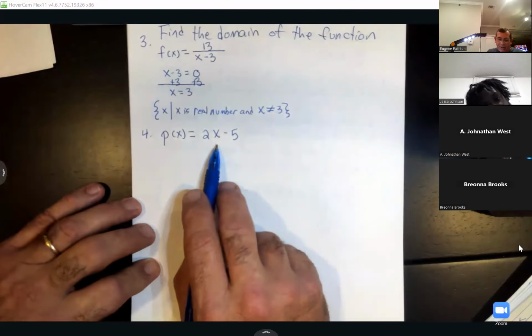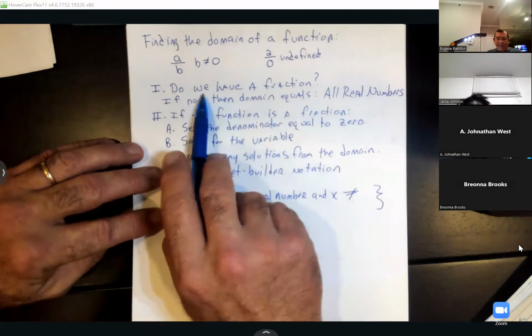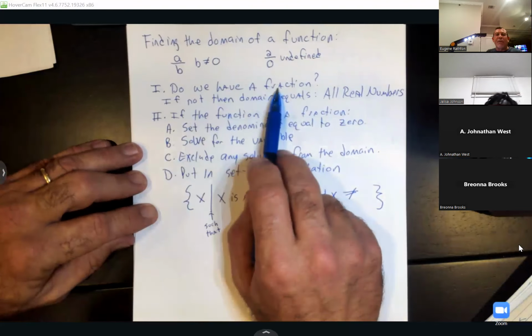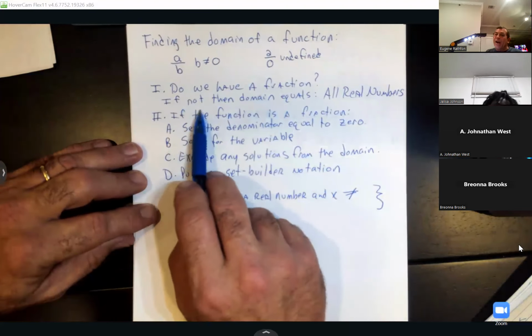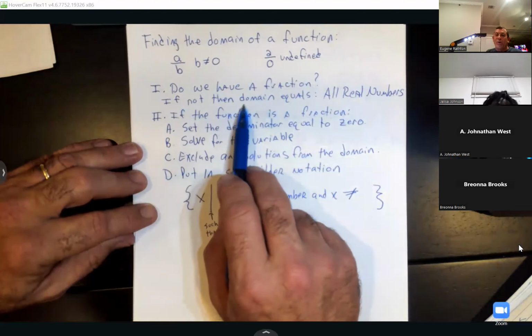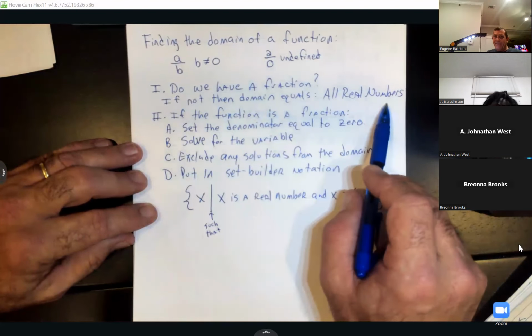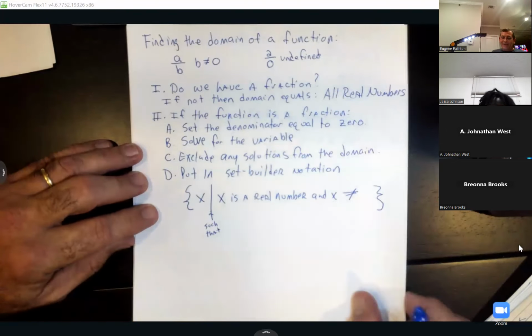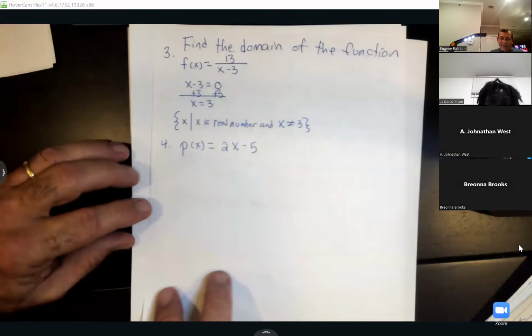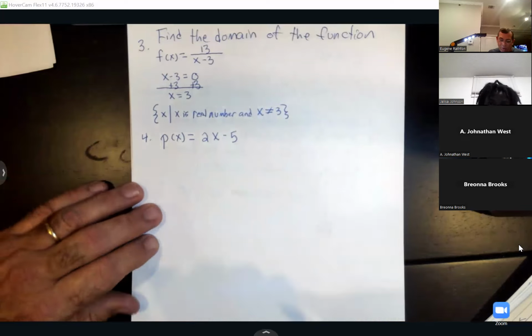So you remember my first step. Let me go back for y'all. First step we said, do we have a fraction? If not, then the domain equals all real numbers. So I'm coming back to that number 4.